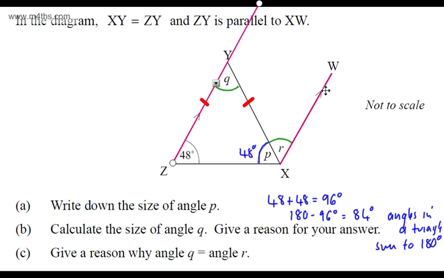We know they're parallel, and we've got a transversal. So we can see that this angle right here will be equal to this one, which is going to give us 84 degrees, and we can state because angle Q and angle R are alternate angles.